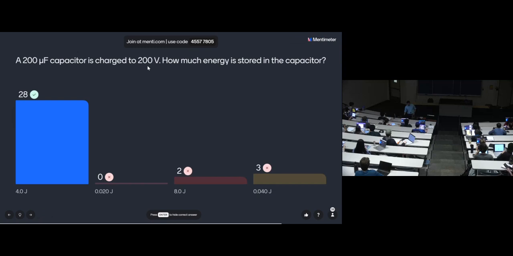I would have 200 volts squared, so that would be 40,000, times 200 times 10 to the minus 6, so that would give me 8, but then I have to multiply by my factor of 1/2, and that's where I get 4 joules of energy stored on the capacitor. If you think about it, knowing how much energy, say, a moving electron has with some reasonable speed, 4 joules is a lot of energy stored in some sort of capacitor.